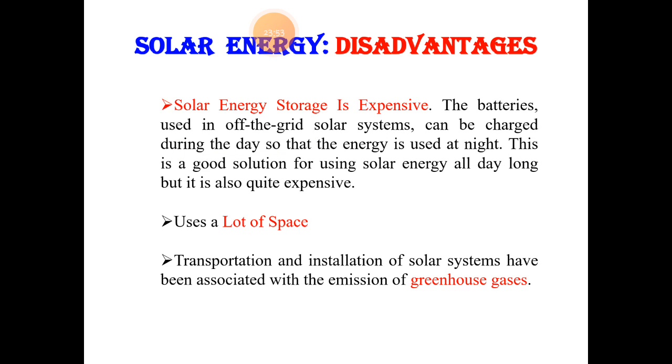The batteries used in the grid to store the solar electricity are very expensive. The solar power plant occupies a large space, and the transport and installation of the solar panels is associated with the emission of greenhouse gases.